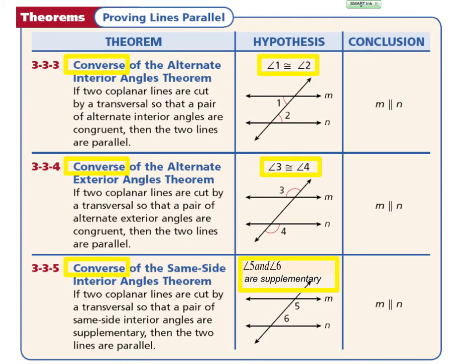So in this picture, which you're writing your notes on, angle 1 and 2 are alternate interior angles. If they are congruent, then what's the conclusion? The two lines are parallel is the conclusion.